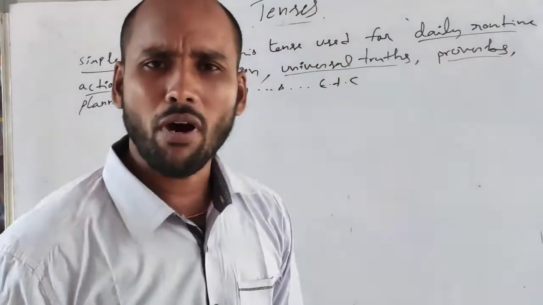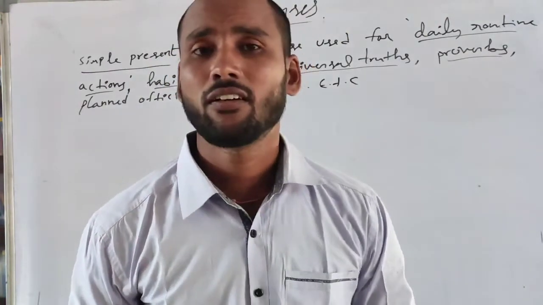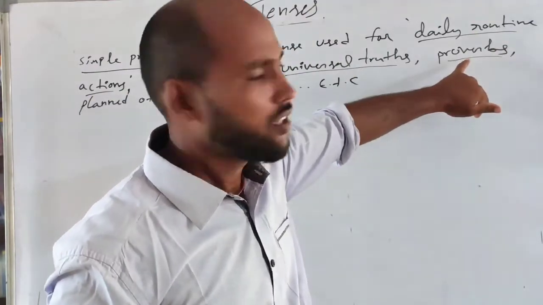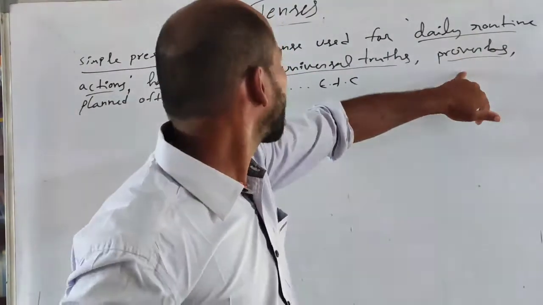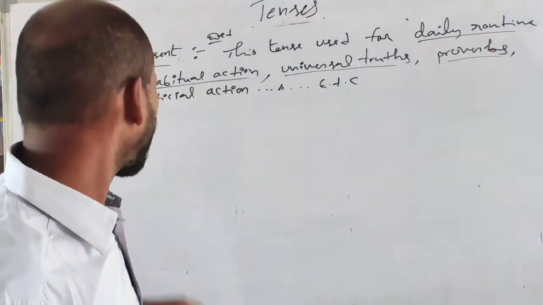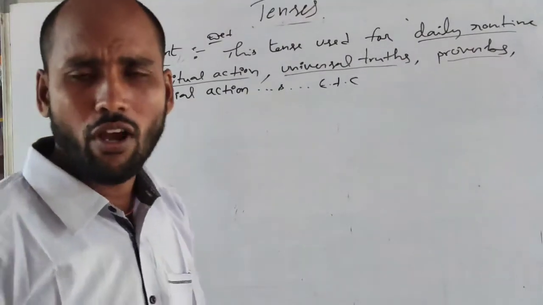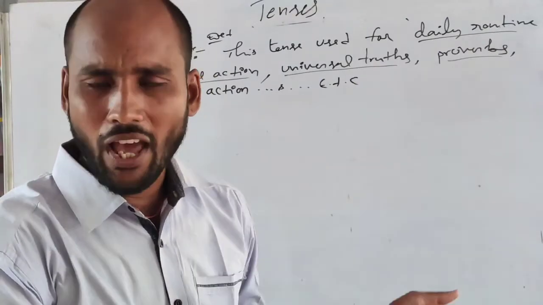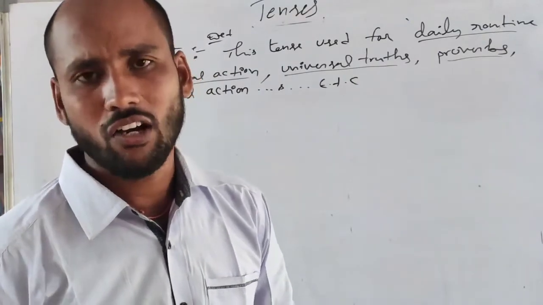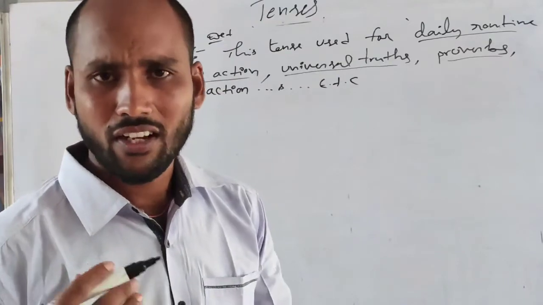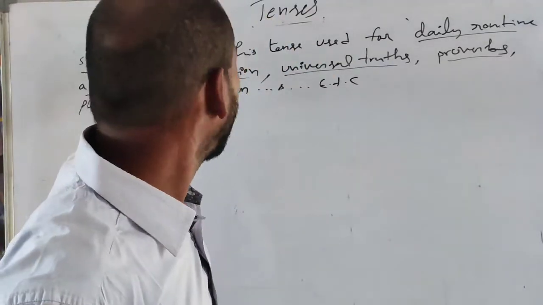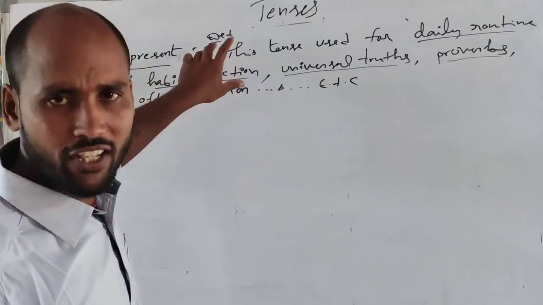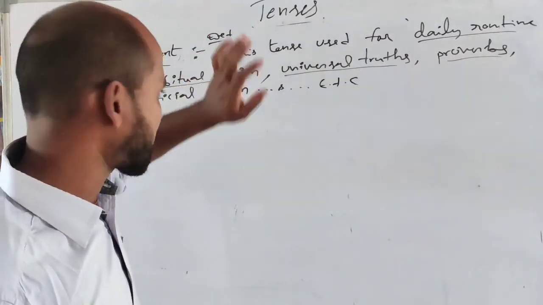Proverbs, you know very well: barking dogs never bite. Those are examples of the simple present tense. And planned official actions. You have to go to Bombay. Those are actions you already planned. Such types of actions are written grammatically in simple present tense only. This is the definition of the simple present tense.